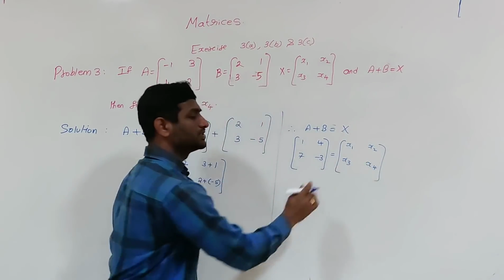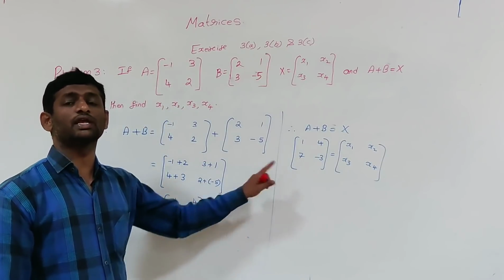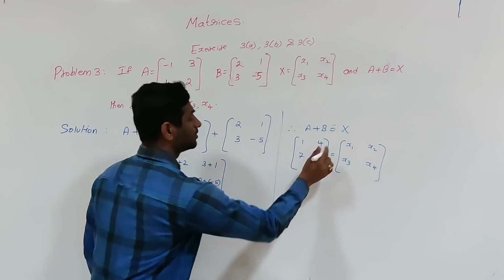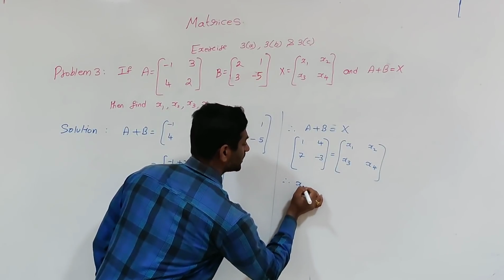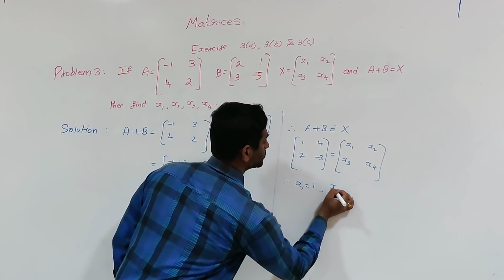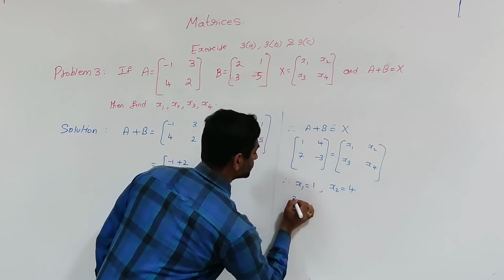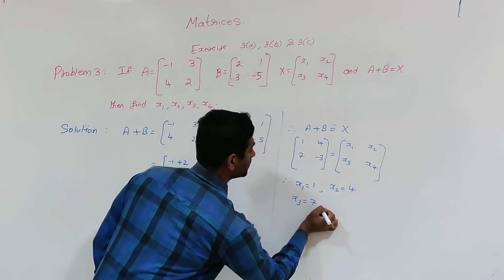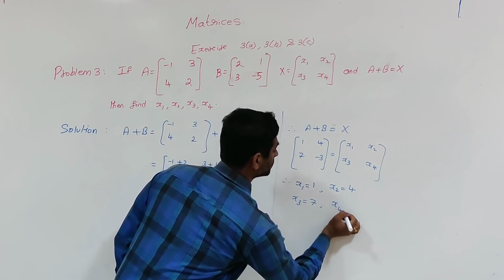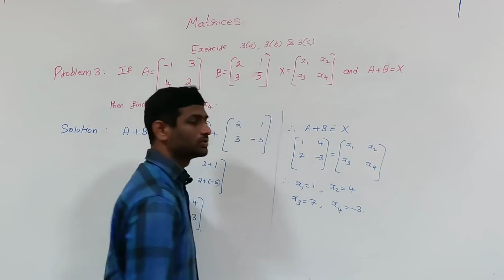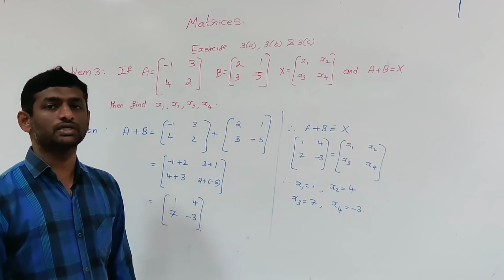So these two matrices are equal, meaning the corresponding elements are also equal. On comparing, x1 is equal to 1, x2 is equal to 4, x3 is equal to 7 and x4 is equal to minus 3. So these are the values of x1, x2, x3, x4.